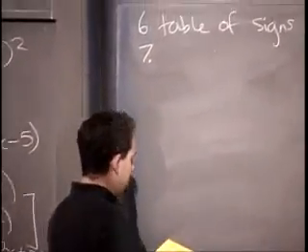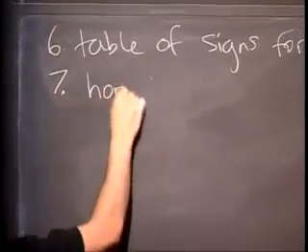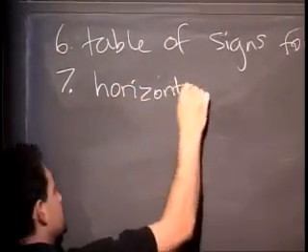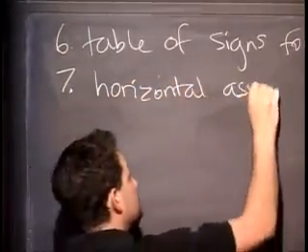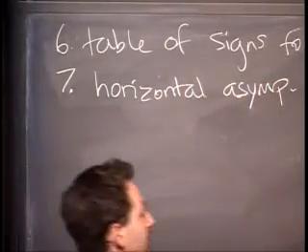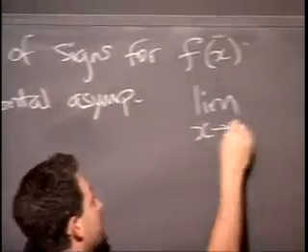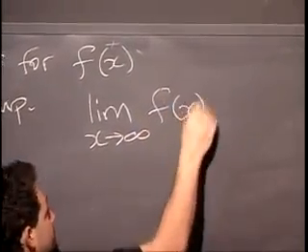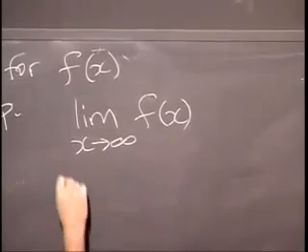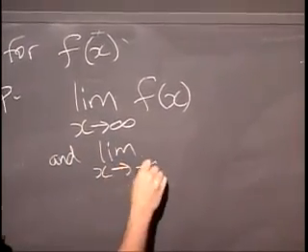Now, we've also got to look at step 7, horizontal asymptotes. How do you find those? Well, what you do is you take the limit as x goes to infinity of f of x. And also x goes to minus infinity.